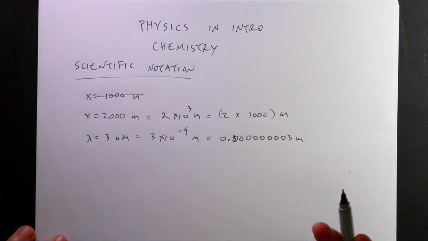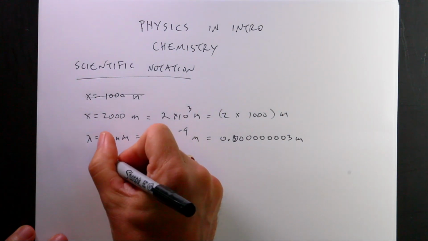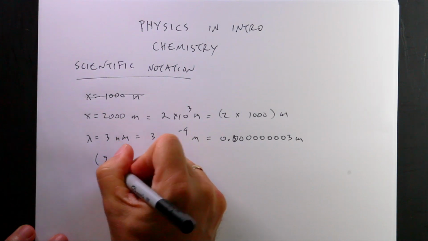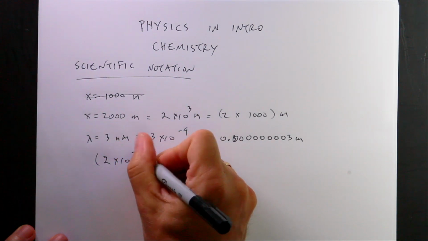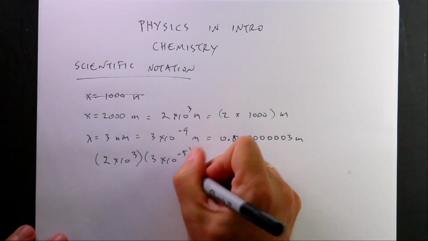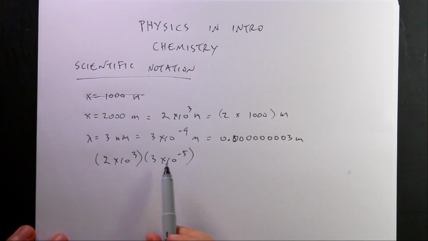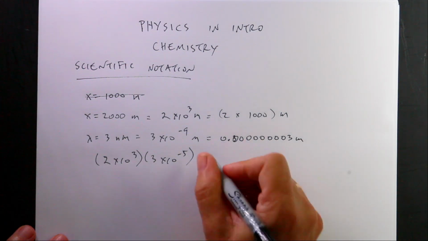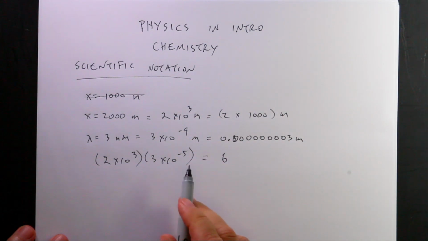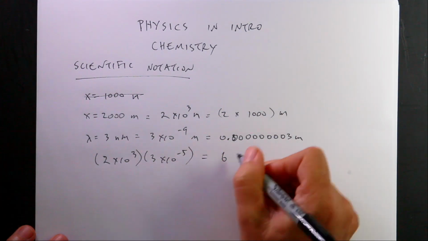So let's multiply two numbers that have scientific notation, because there is something you can do. You can do it in your calculator, but let's say I have 2 times 10 to the third times 3 times 10 to the negative fifth. These are just numbers, and in multiplication the order doesn't matter. So I can multiply 2 times 3 and get 6, and then multiply 10 to the third times 10 to the negative fifth.